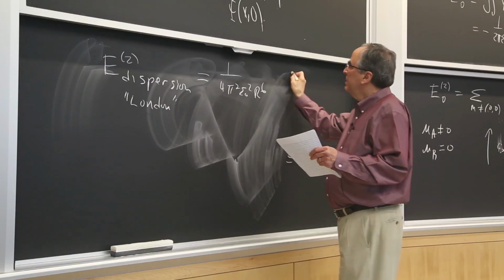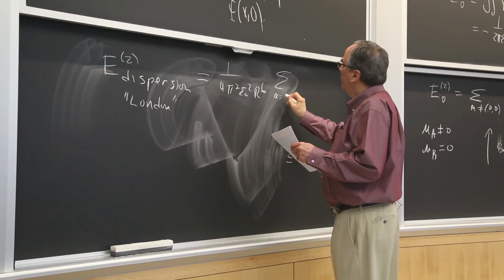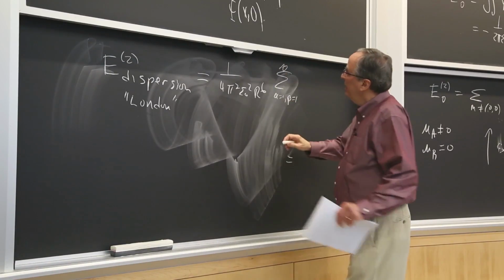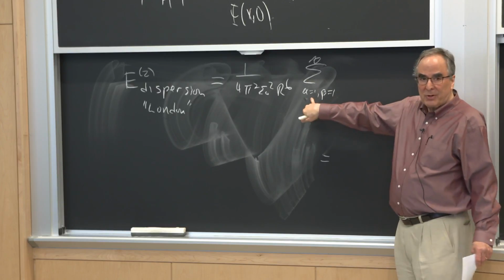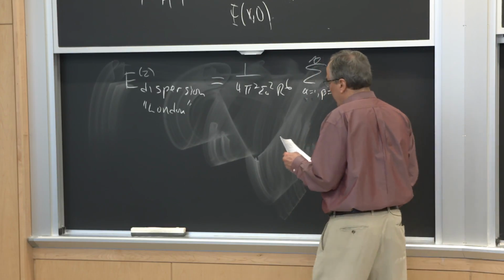And then this sum of alpha equals 1, beta equals 1 to infinity. In other words, not alpha equals 0, not beta equals 0.